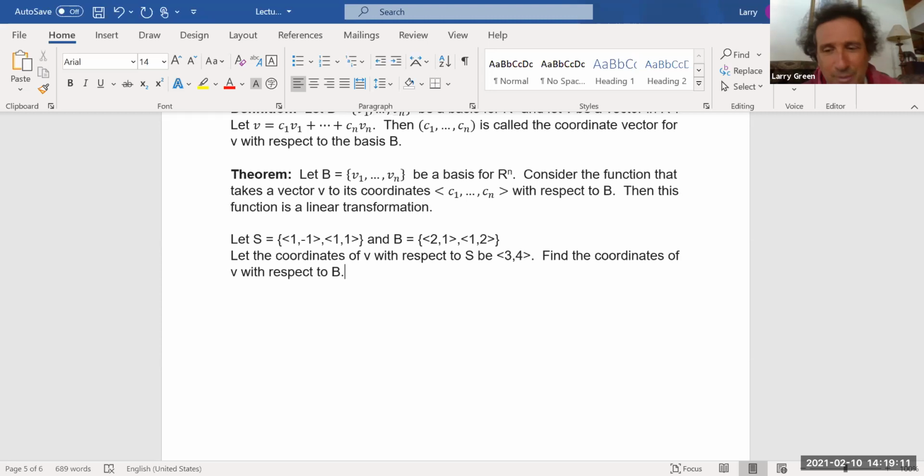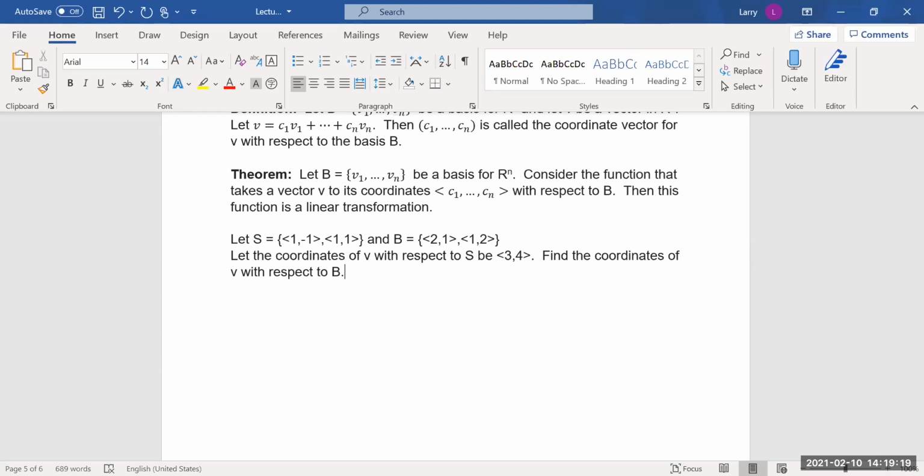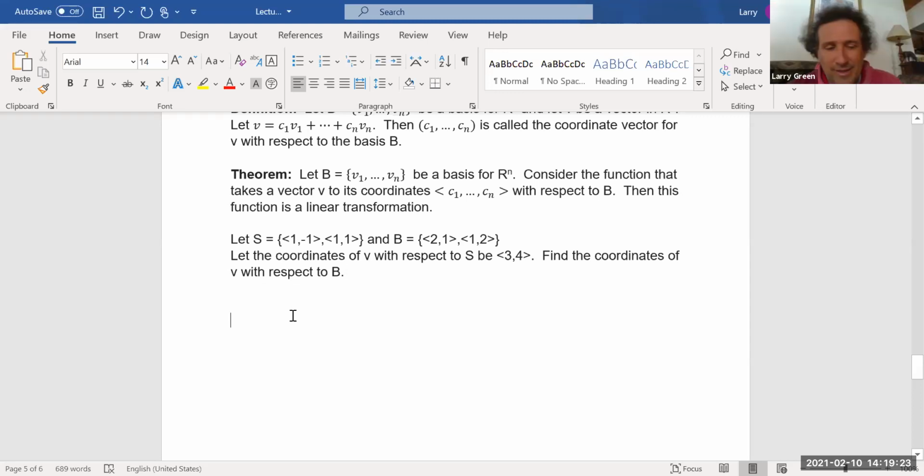There's going to be some matrix multiplication, but what matrix? And that's going to take some work. Okay, so what we're going to do is the following. We can think of this as S going to B. We're taking a basis S, sending it to the basis B in a way.